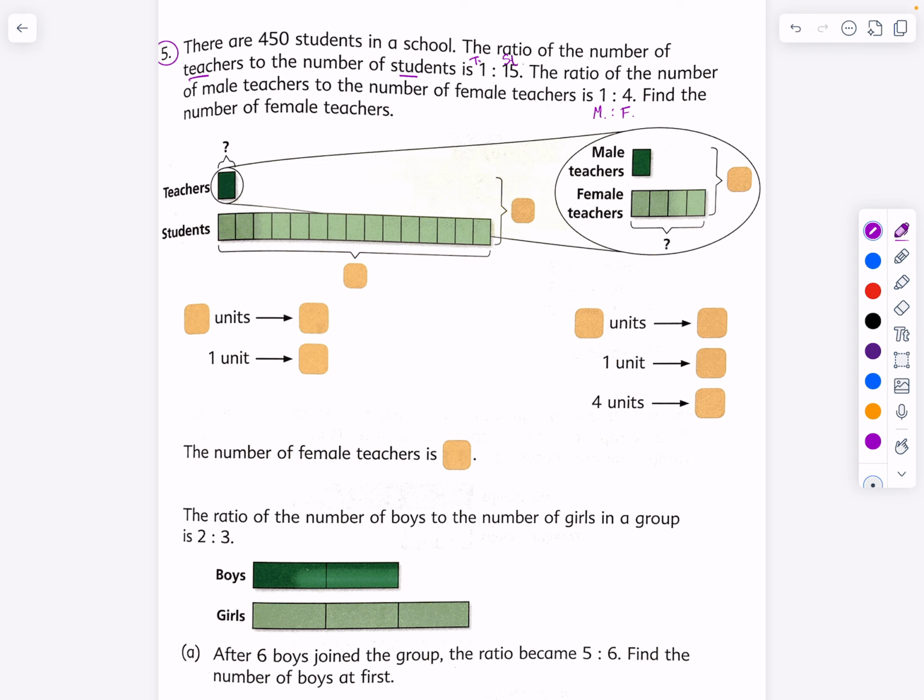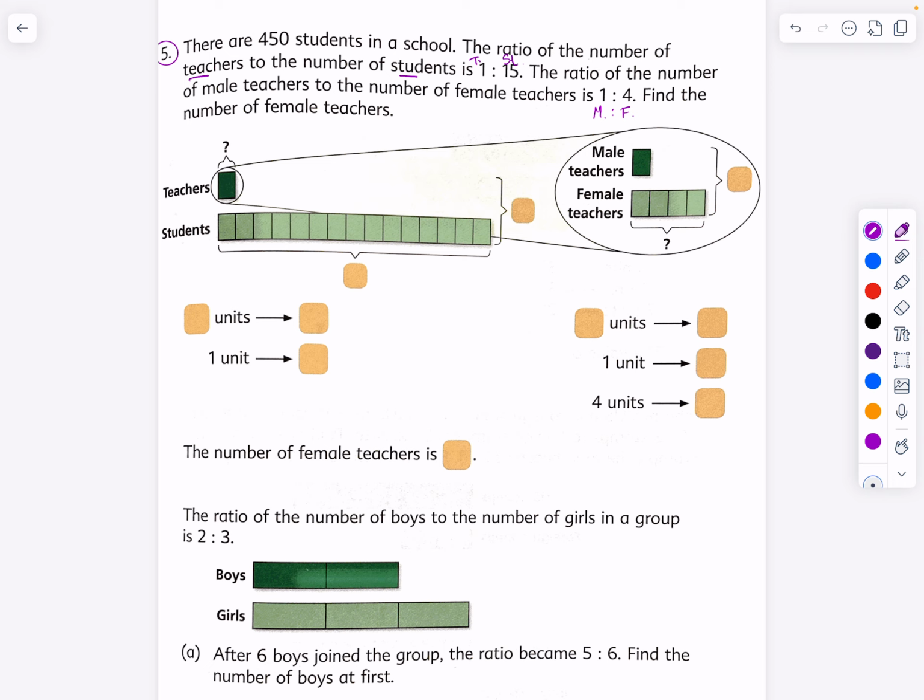First, let's go step by step, translating this word problem into a simple bar model. What is given? There are 450 students at a school, and we obviously have teachers who teach the students. 1 to 15 ratio. That means one teacher is responsible for 15 students, two teachers can teach 30 students, and so on.